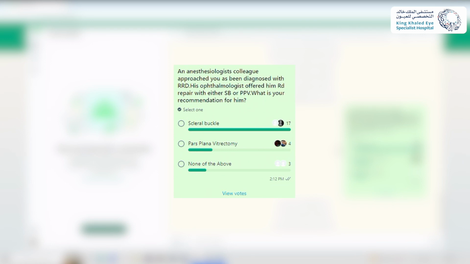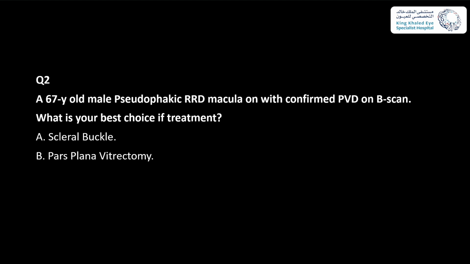Now, can we have the second question, please? If we change the scenario and we mention a 67-year-old male, phakic, retinal detachment macula on, with confirmed PVD on B-scan, what is your best choice of treatment? Is it buckle or vitrectomy?